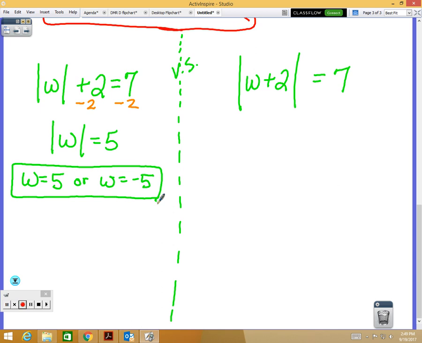Whereas on that one, the plus 2 is inside of the absolute value sign. So before I solve anything, I would say w plus 2 could equal 7, or w plus 2 could equal negative 7. And then I would need to solve both of those equations separately.